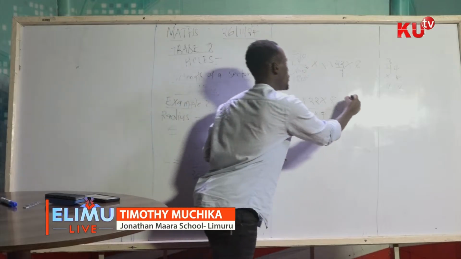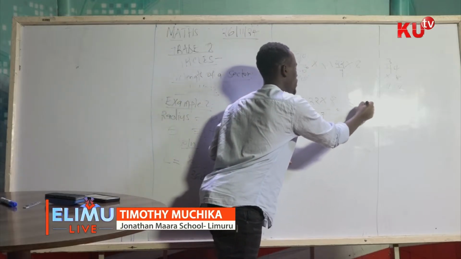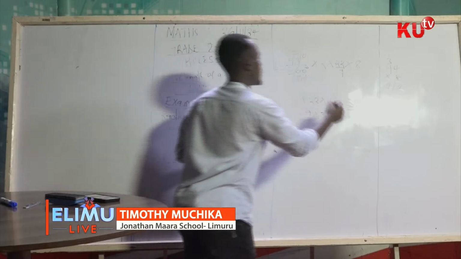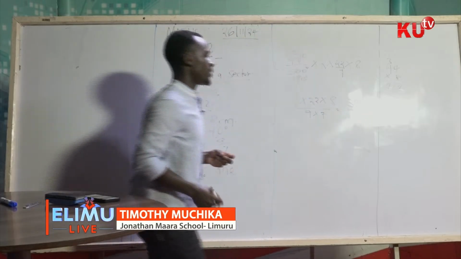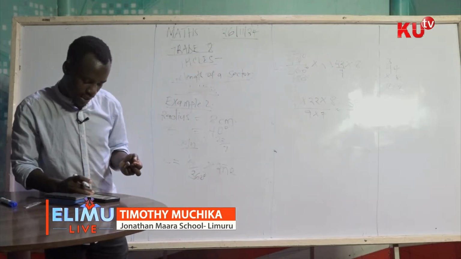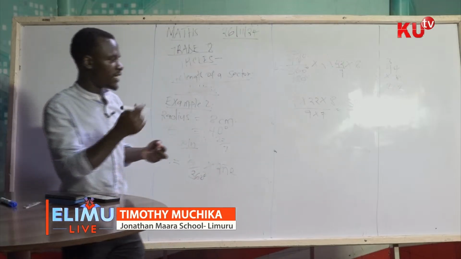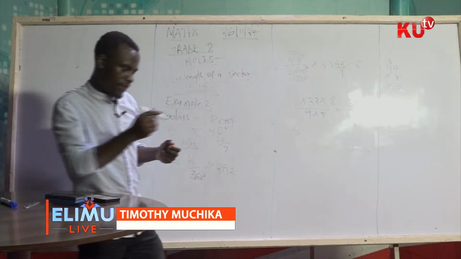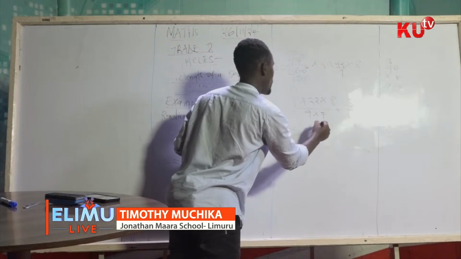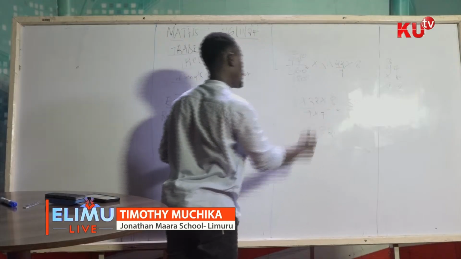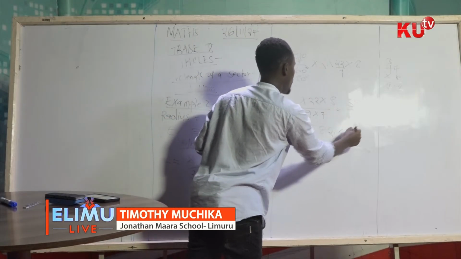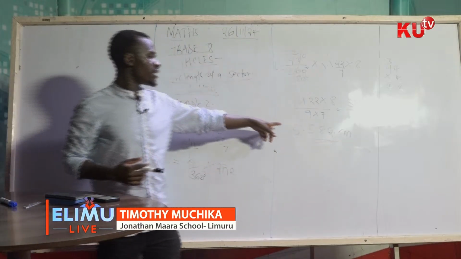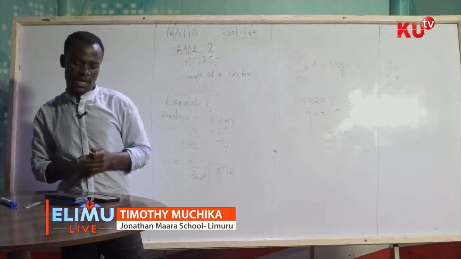So the top constituents give us 352, and 9 by 7 you get 63. After you divide, you are going to get 5.582 centimeters. You are always expected to write your answer into 4 significant figures.